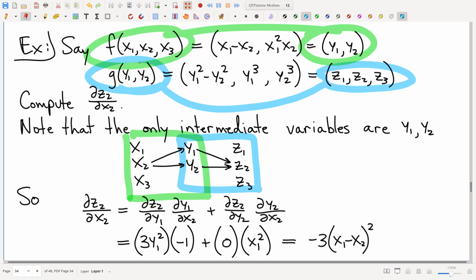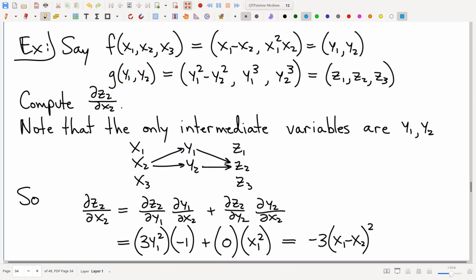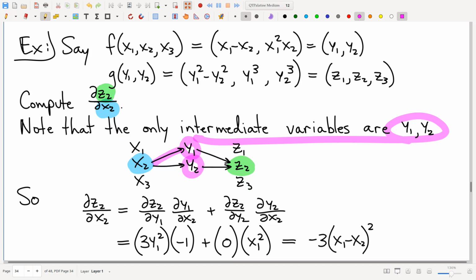Notice the question asked us to compute the partial of z2 with respect to x2. So there's my input variable, there's my output variable. Let's talk paths. There are two intermediate variables, y1 and y2, corresponding to two paths, corresponding to two terms.